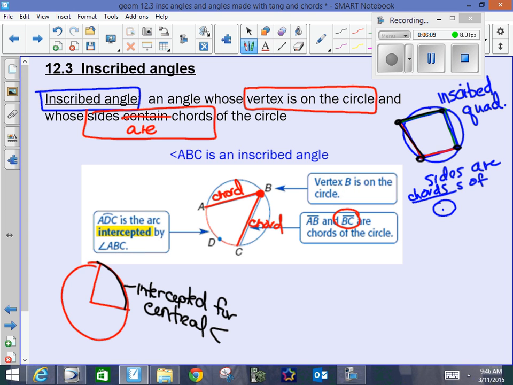And that's my intercepted arc for my inscribed angle. You take the angle and push it together. That would be the arc that we pushed out. Intercepted arc is huge. We're going to spend a lot of time on that today, because it connects through numbers.